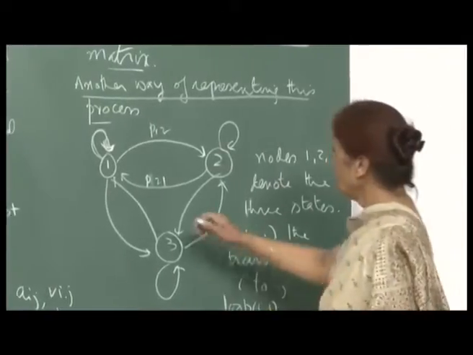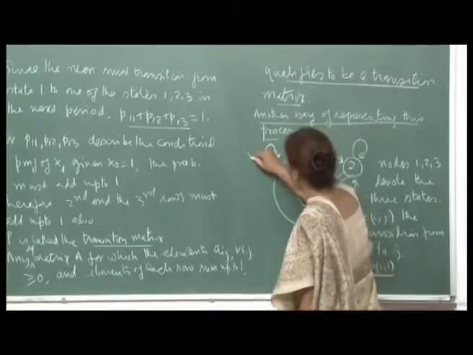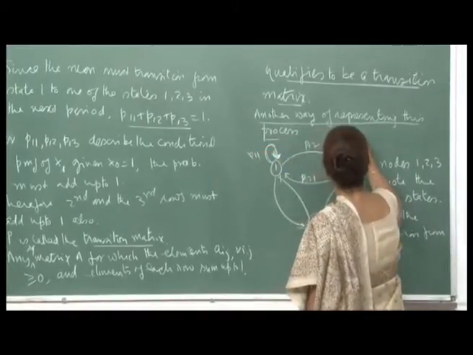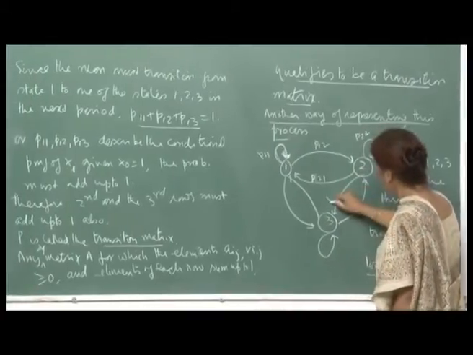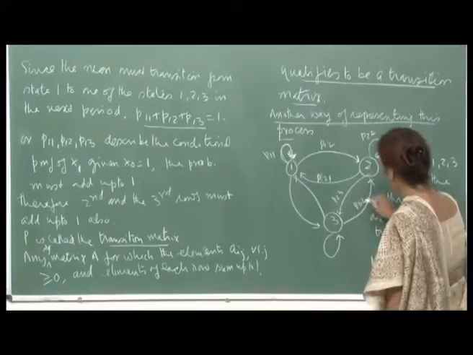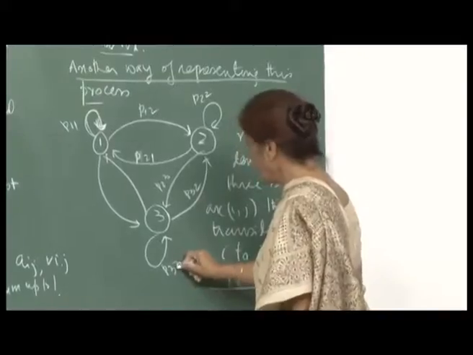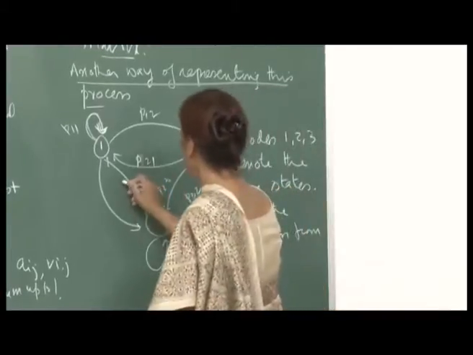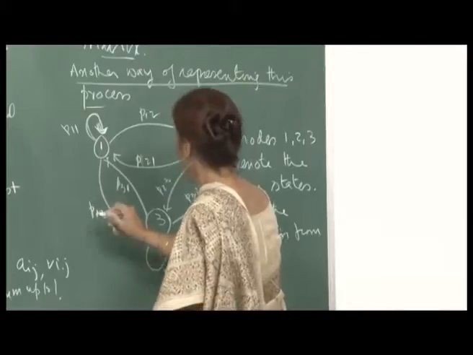So, this way you can look at this, and you can write down the probabilities here also, P11, this will be P22, and this will be P23, so this will be P32, and finally this will also be P33, and here this will be P31, and this will be P13.